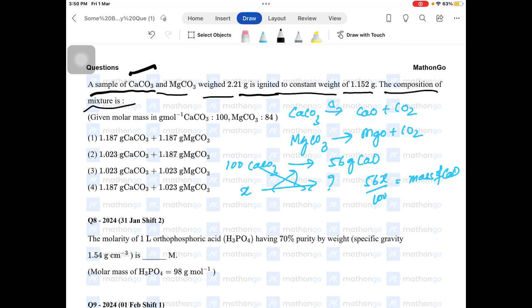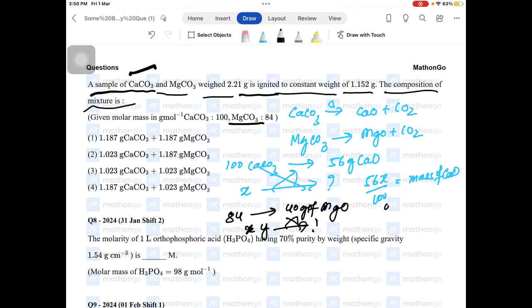Next, in the same way, molar mass of magnesium carbonate is 84, which gives 40 grams of magnesium oxide. So now consider y grams of magnesium carbonate; it gives how much?